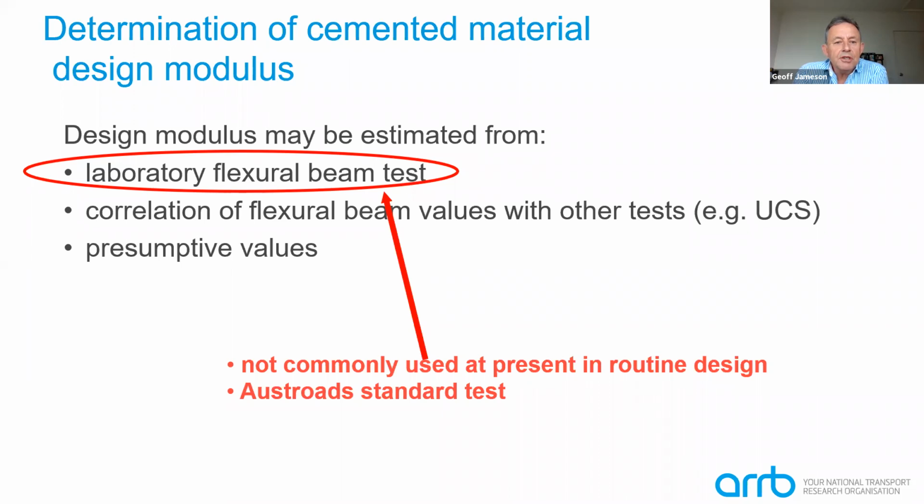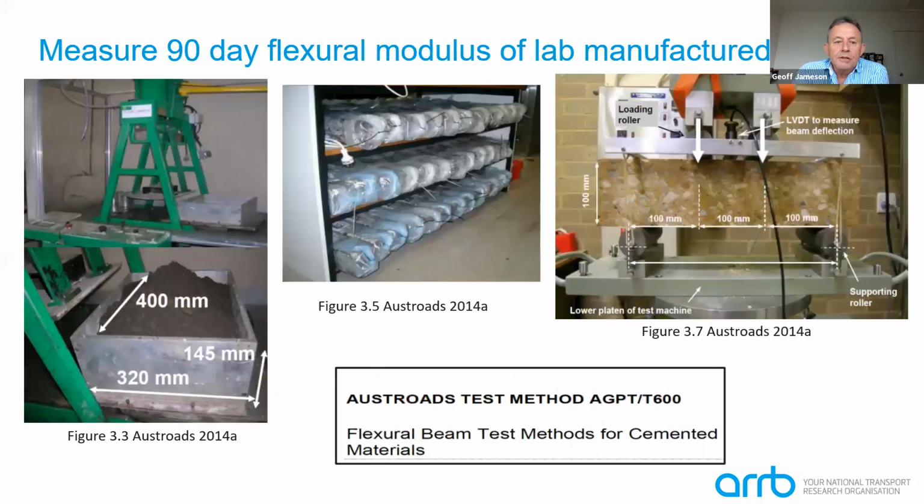So firstly, in terms of the laboratory flexural beam test, in recent years we've developed a test method for it, but it's still not commonly used in the characterisation of cemented materials. These are some photographs from research projects that we've undertaken, where we've measured the 90-day flexural modulus of laboratory manufactured beams.